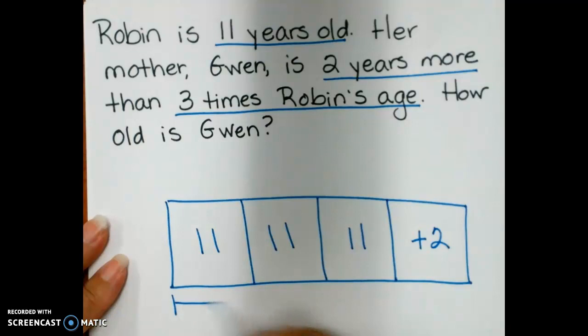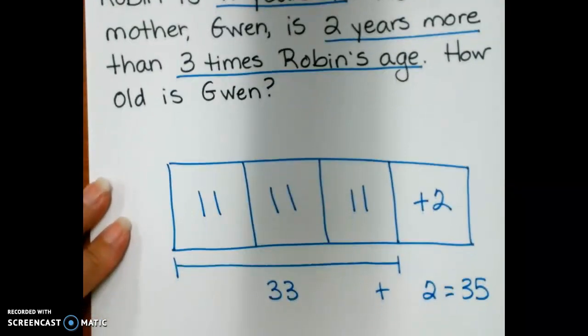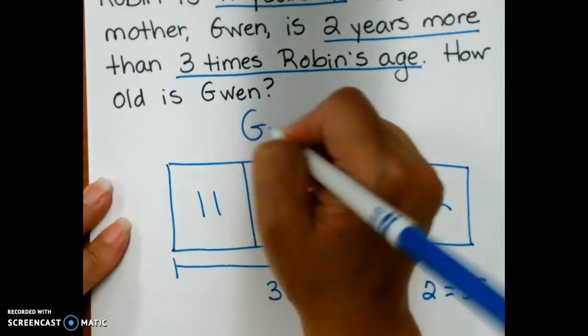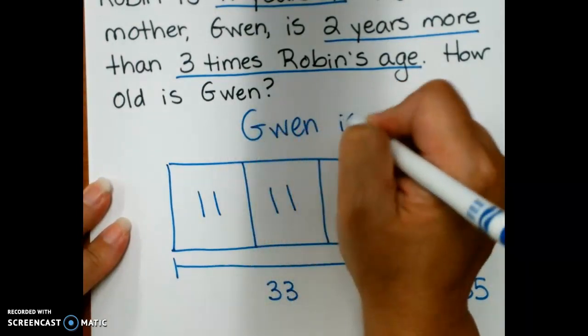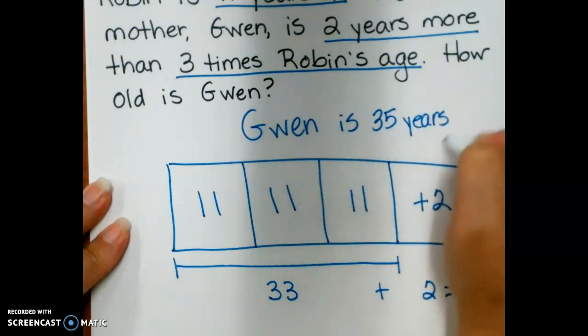So 11 times 3 is 33, plus my 2 equals 35. Look how easy that was. So Gwen is 35 years old.